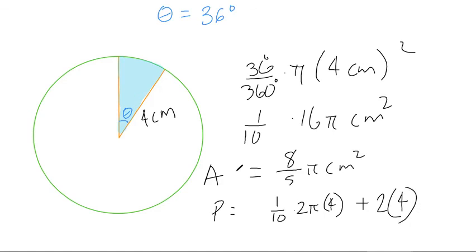Well, now this just becomes 8/10, or in other words, 4/5 pi plus 8 centimeters. And that's going to be the perimeter of this entire sector right here.